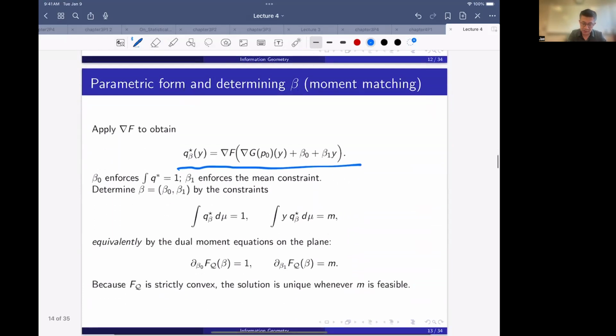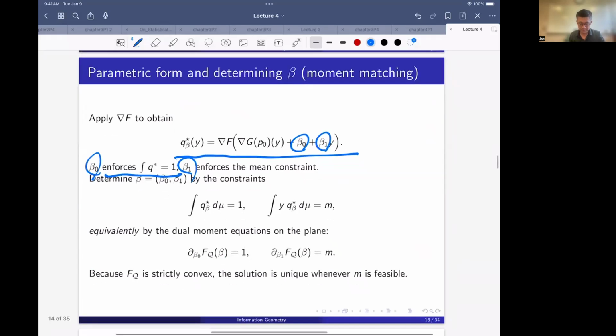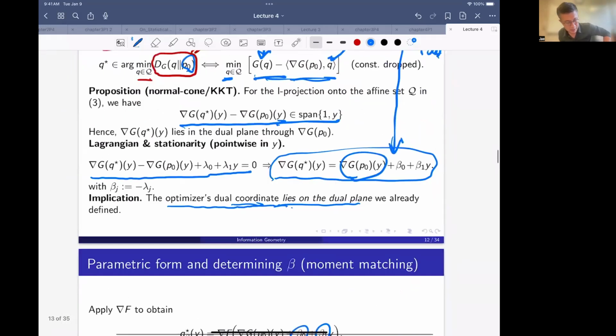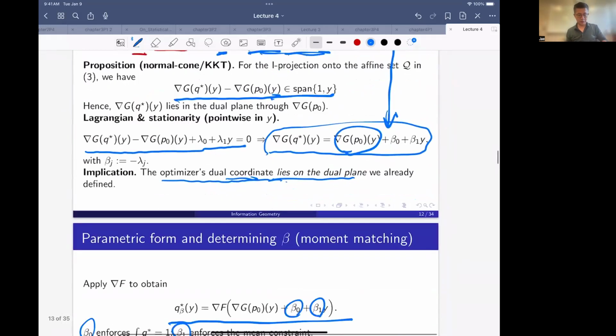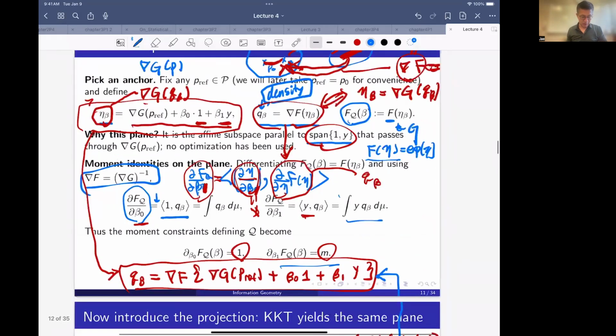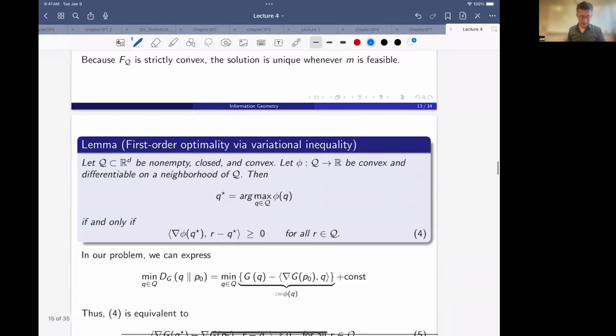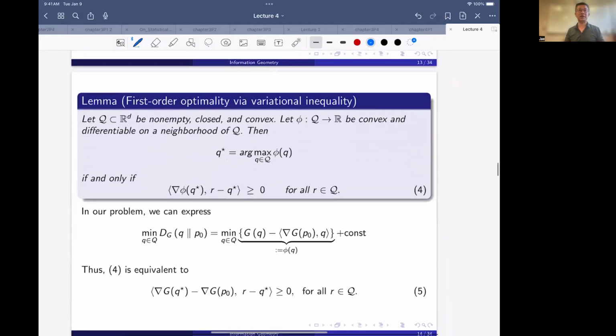And this parameter beta zero is basically the normalizing parameter, so it will make the integration equal to one, and beta one will satisfy the mean constraint. So that is about the form of the Bregman projection.